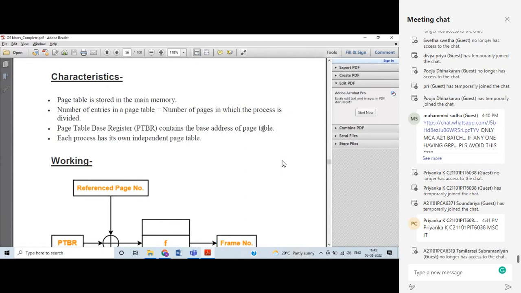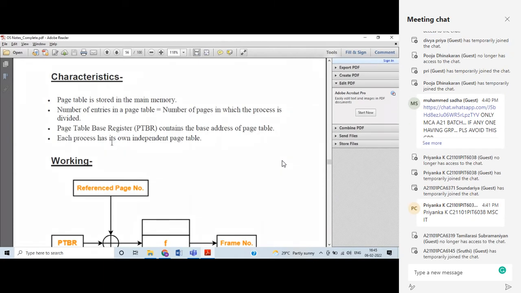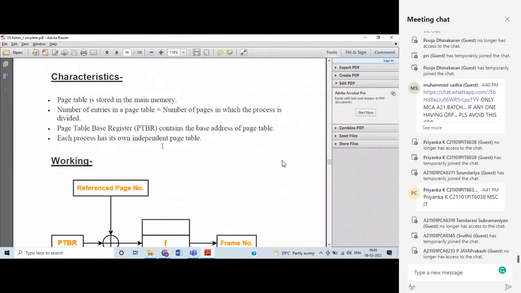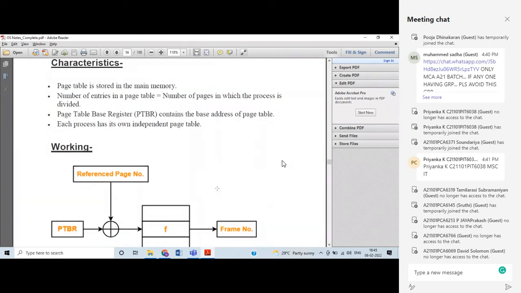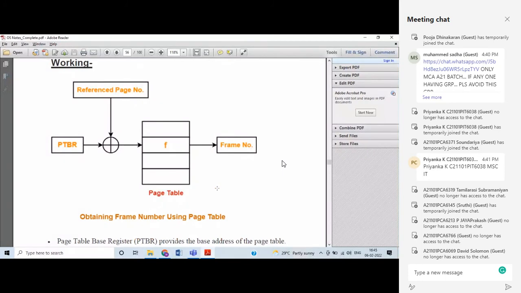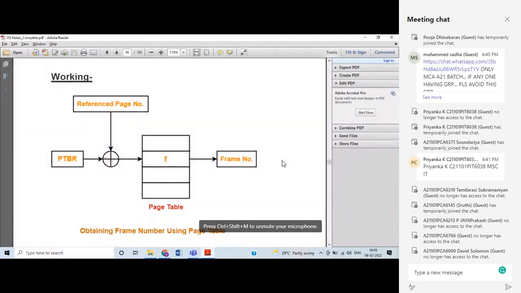The page table base register contains the base address of the page table, and each process has its own independent page table. Each and every process will have an independent page table, and the page table will tell you how to map the pages to the frames. So this is the working of the page table.